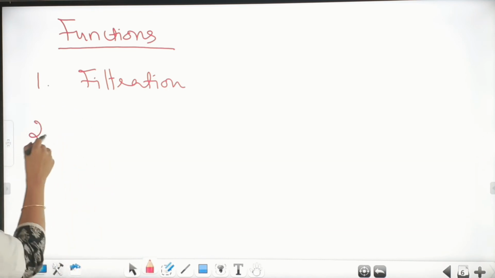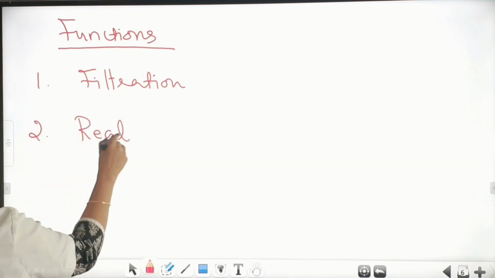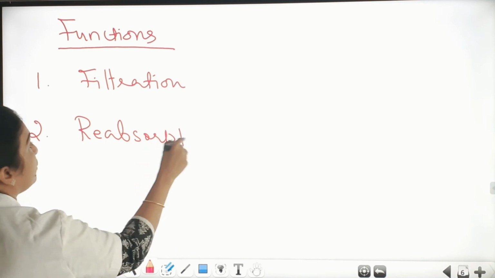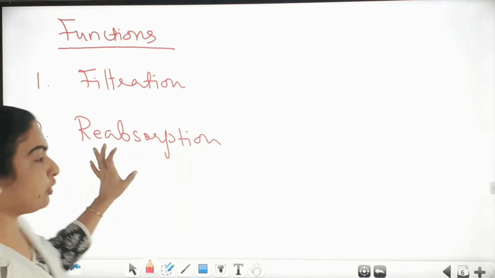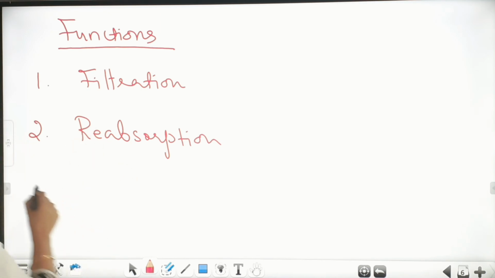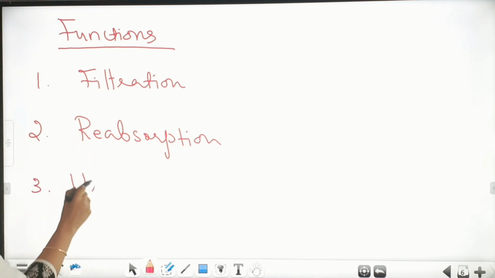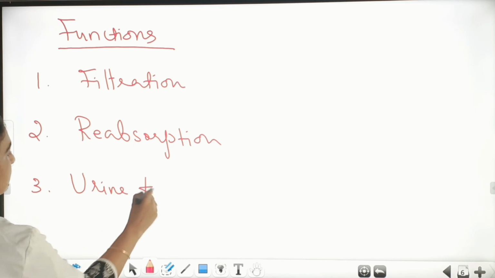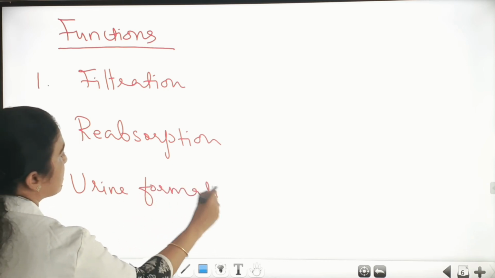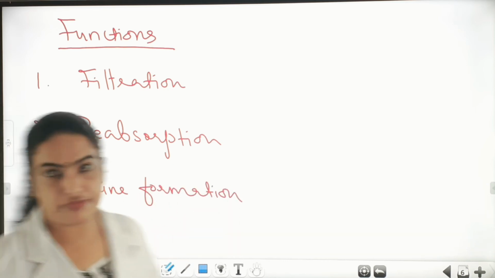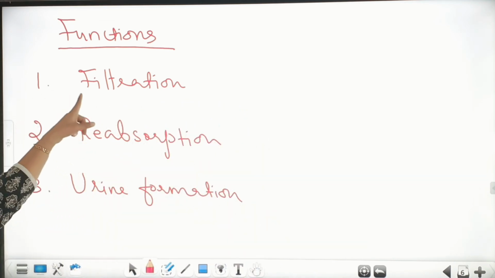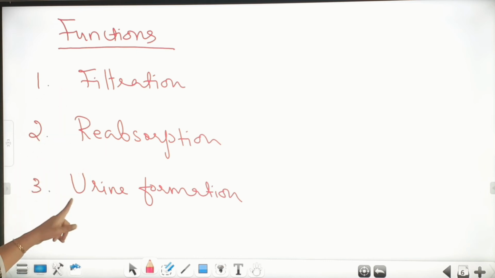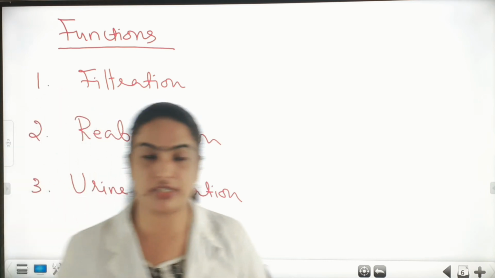And second is reabsorption, the reabsorption of useful substances by the tubule, or we can say tubular reabsorption. And the third one is urine formation. So these are the functions of nephron: blood filtration, tubular reabsorption and urine formation.